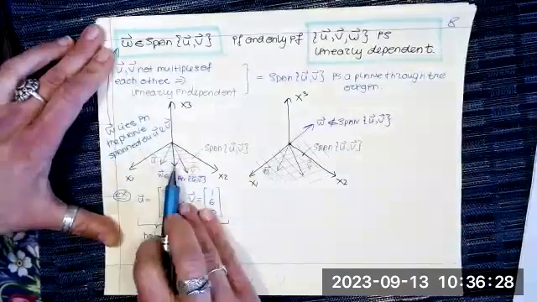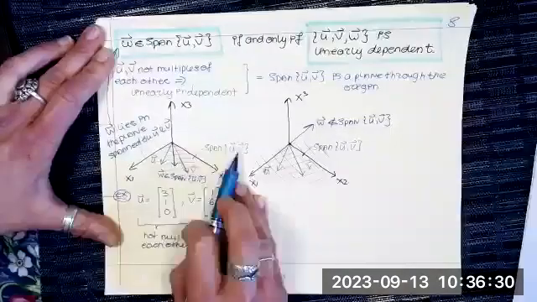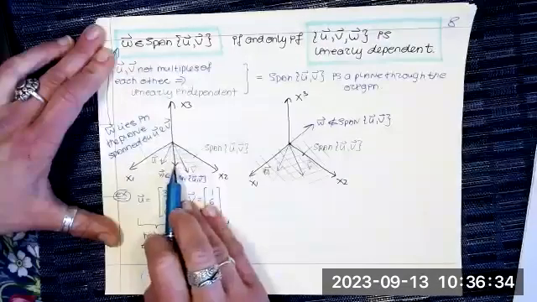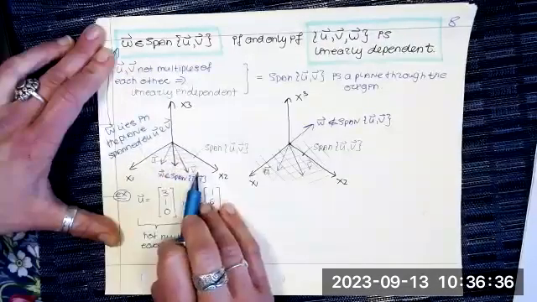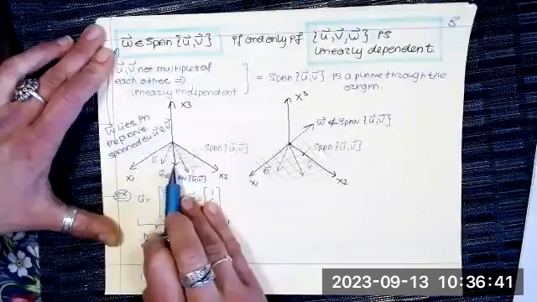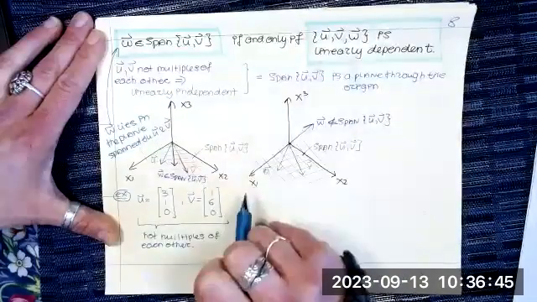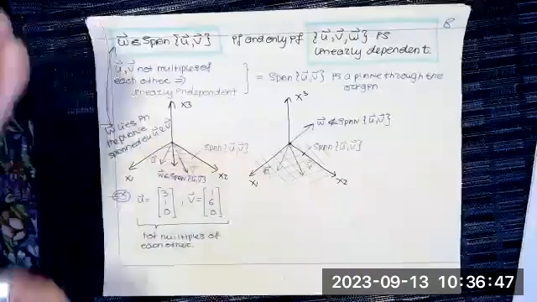If W lies in a plane spanned by U and V, that means that I can express W as a linear combination of U and V. And if I can express W as a linear combination of U and V, that would mean that my set U, V, and W is linearly dependent, right? Why?